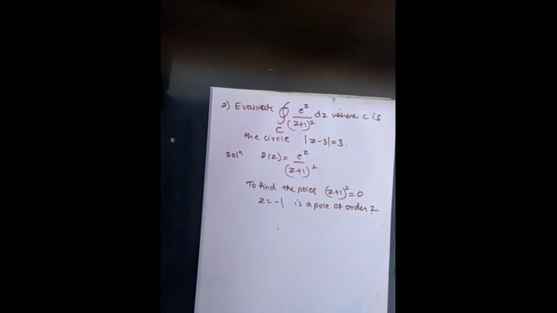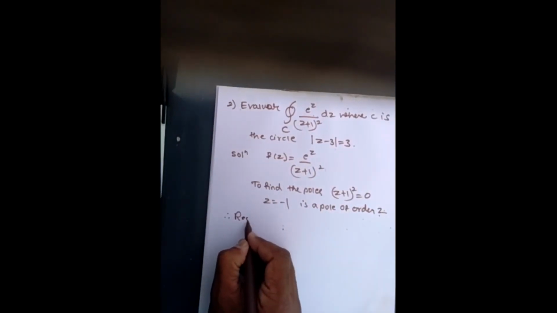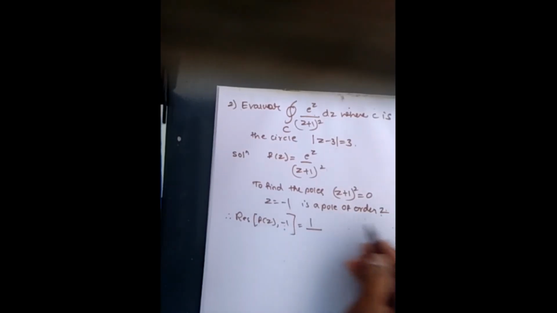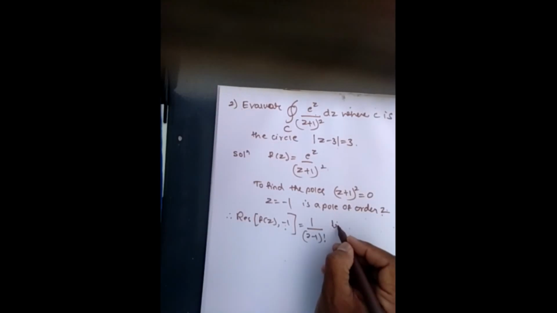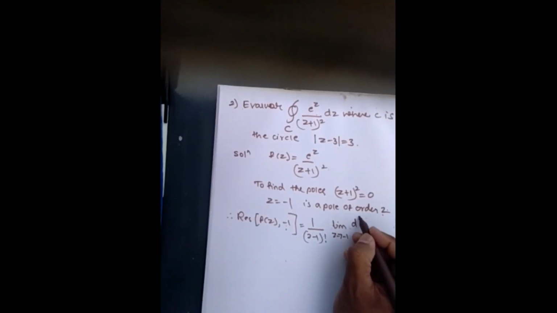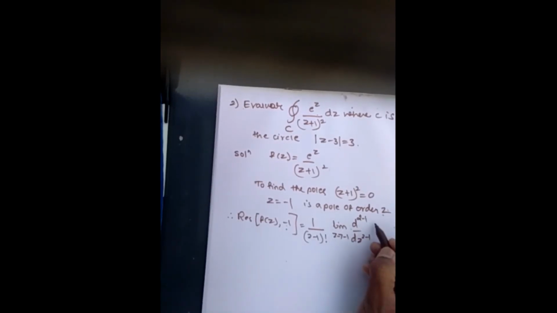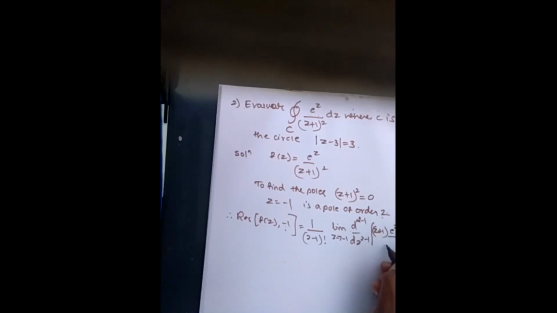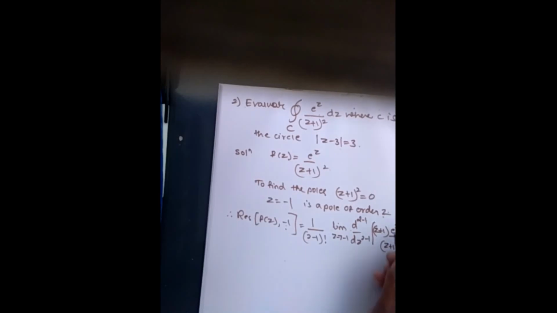The residue of f(z) at minus 1 is given by the formula 1 divided by (m minus 1) factorial, where m is 2, into the limit as z tends to minus 1 of d to the power 2 minus 1 by dz to the power 2 minus 1 of (z plus 1) to the power m into f(z). f(z) is e raised to z divided by (z plus 1) whole square, so (z plus 1) whole square gets cancelled.